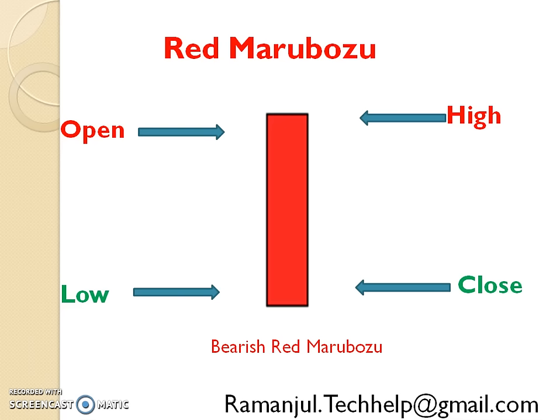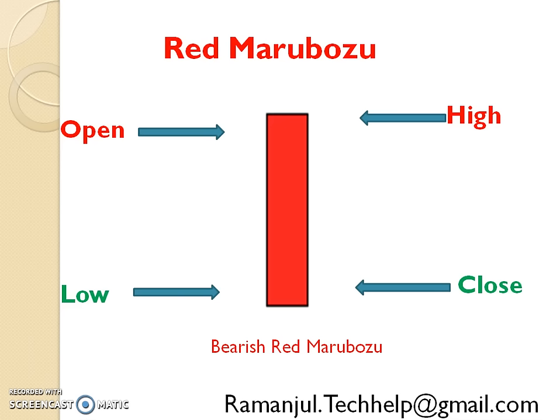This is a red candle with no shadows at both sides, the same as what we discussed in green. This occurs when the high of the day is the same as the open price of the day and the close of the day is the same as the low price of the day. This candle shows domination by the bears throughout the day. Generally this would be considered a very bearish candle or bearish trend.